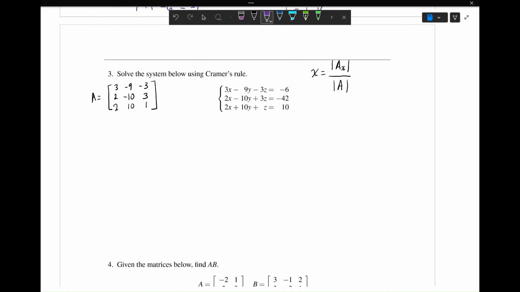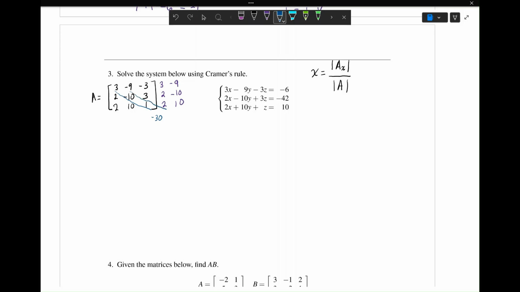Remember, the way I do that is I copy down the first two columns again, and then I multiply down along diagonals. So this first diagonal is going to give me negative 30.